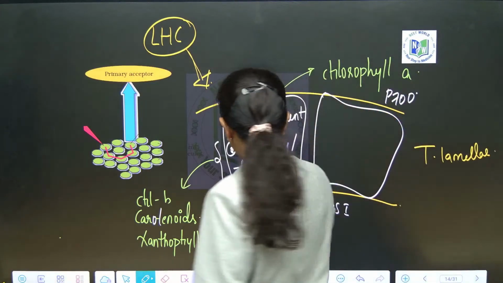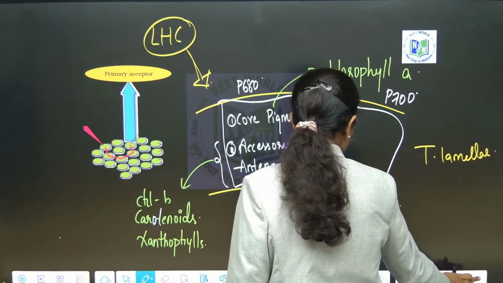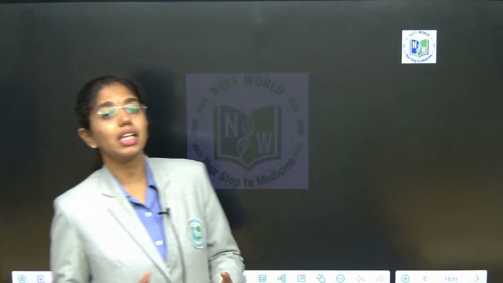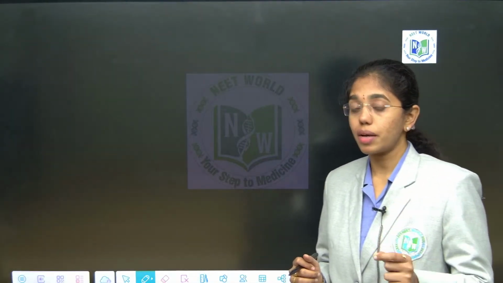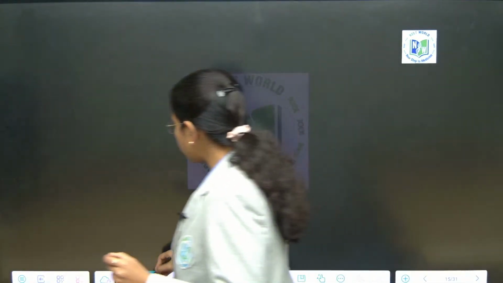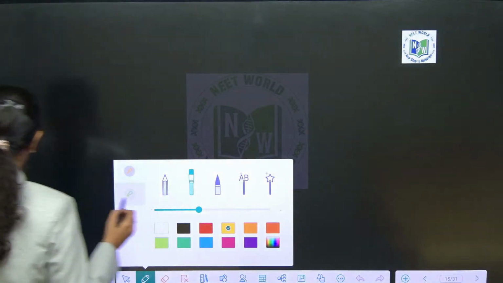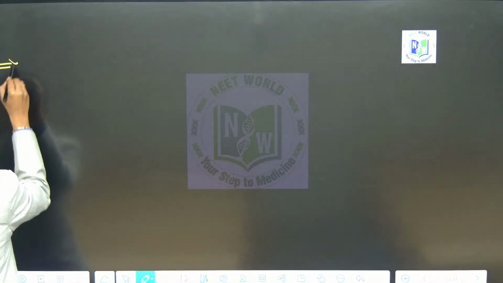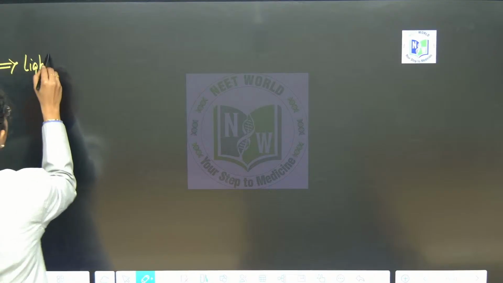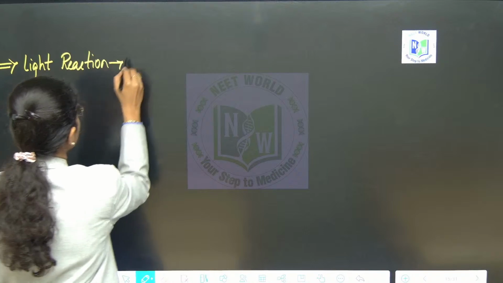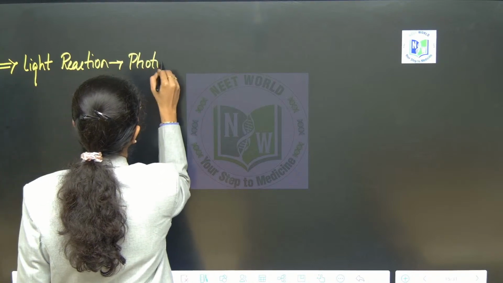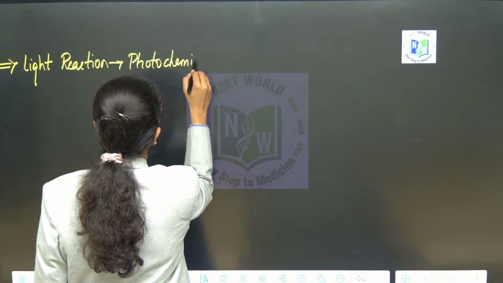And now we will see photophosphorylation, where the energy which is released or synthesized in photosynthesis is stored in chemical form. That is the reason the first step, that is light reaction, is also addressed as photochemical phase.